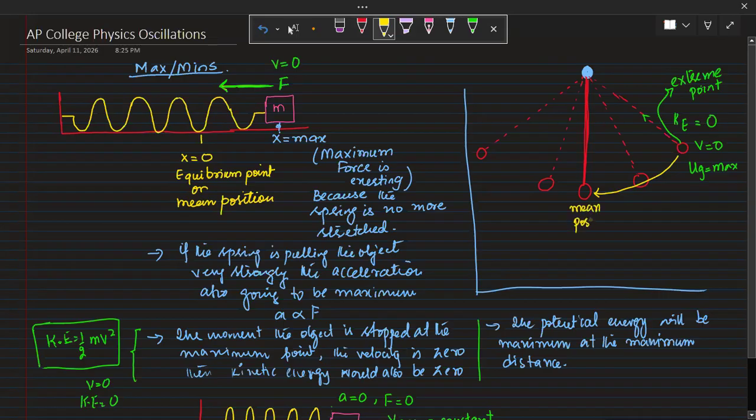So the moment it starts going back, it will be pulled. The object is going to be pulled with a greater force, right?